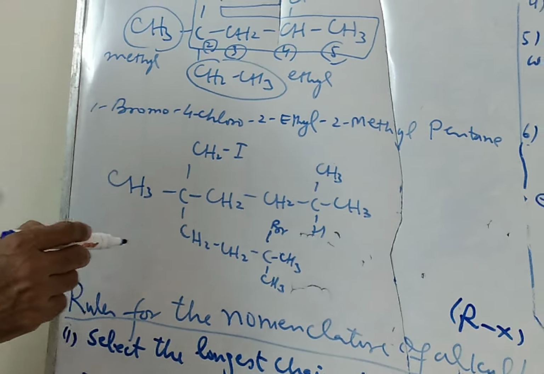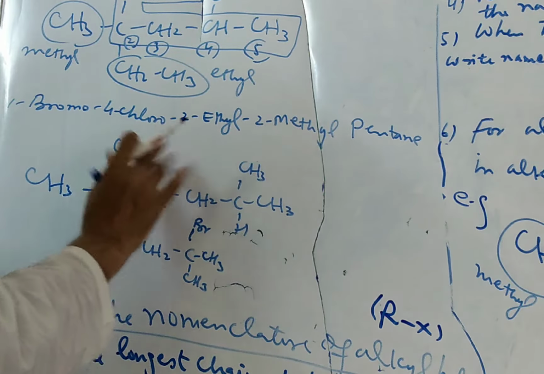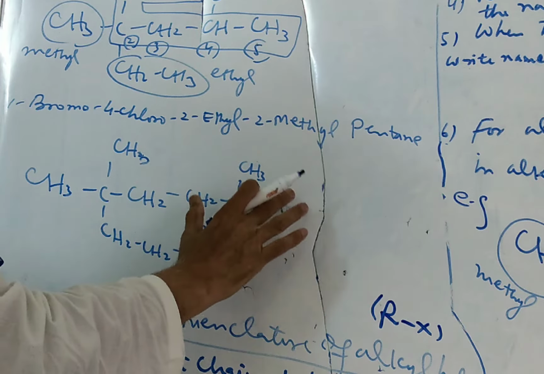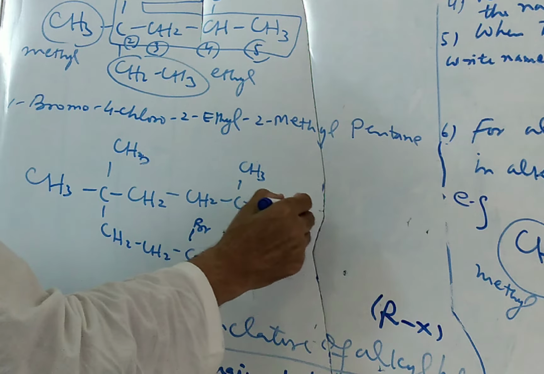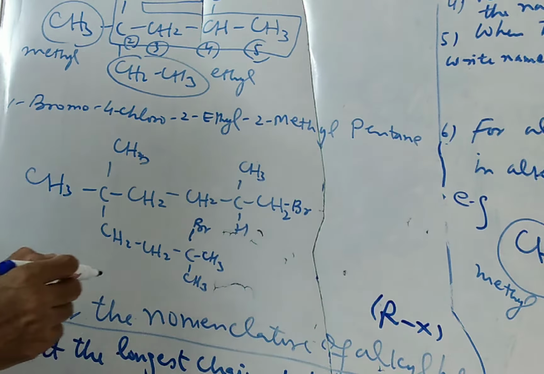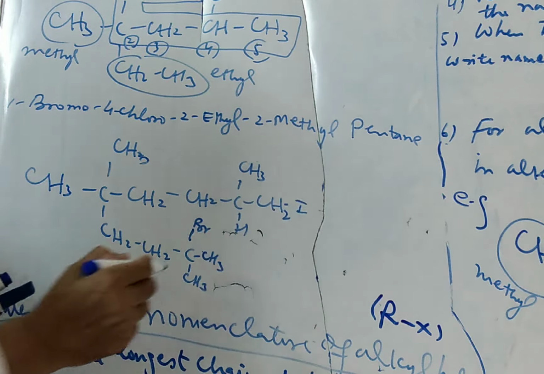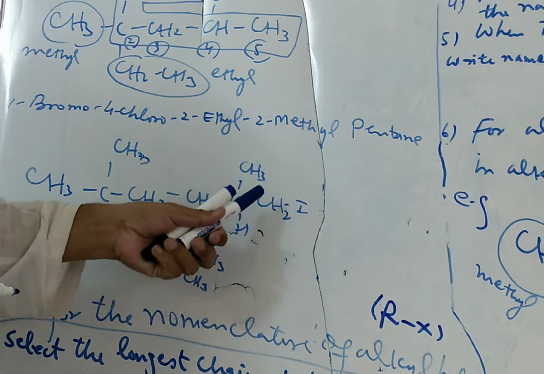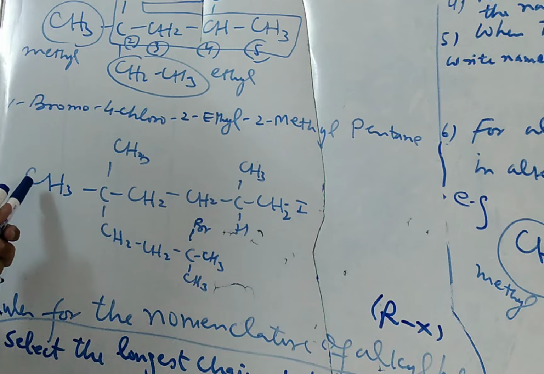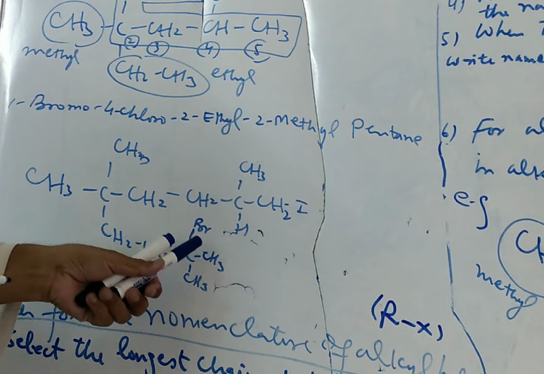Now consider this compound. You can see in this case, for example, now we have this compound. Select the longest chain. 1, 2, 3, 4, 5, 6. 1, 2, 3, 4, 5, 6, 7, 8, 9.